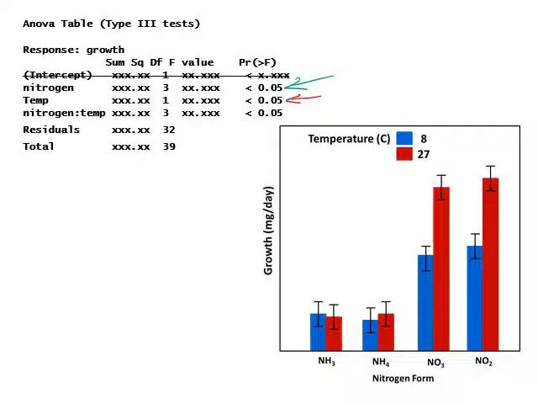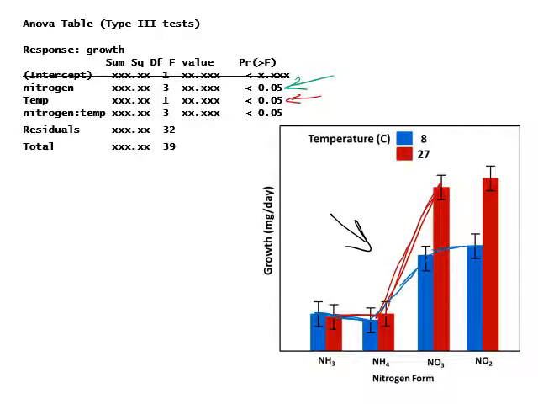And if you join the line segments, you notice that the effect of temperature changes depending upon what nitrogen group you're in. So we could join these two blue groups here and these two red bars here, and those lines are pretty much parallel to each other. But if we join this red bar to that red bar here and then join the blue group here, you notice these slopes are fairly different. In other words, the differences between the temperatures is not staying the same magnitude.